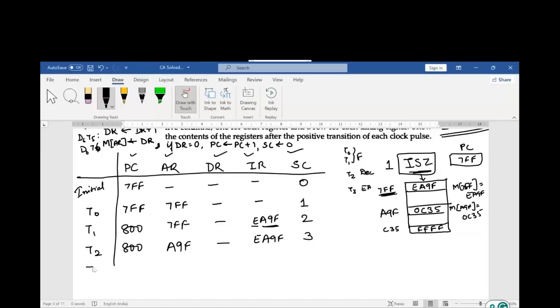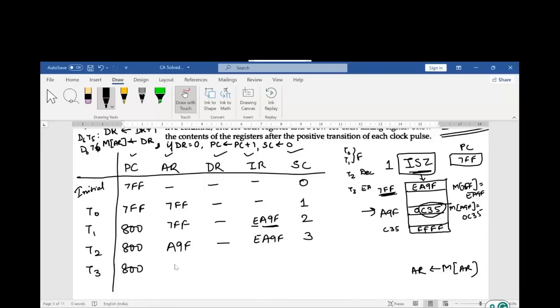Now what happens in T3? PC again would remain the same. T3 is for fetching the effective address. So how do we fetch the effective address? M of AR is transferred to AR. So what is M of A9F? We have 0C3F. Only the least significant 12 bits, bits 0 to 11, would go to AR.